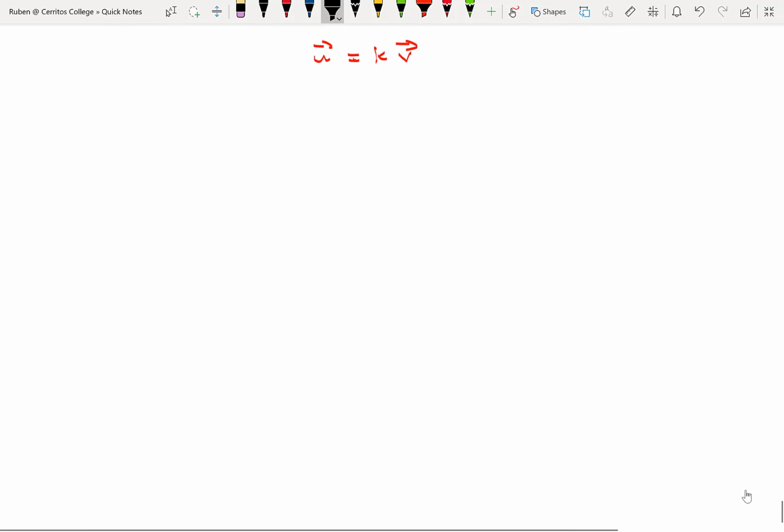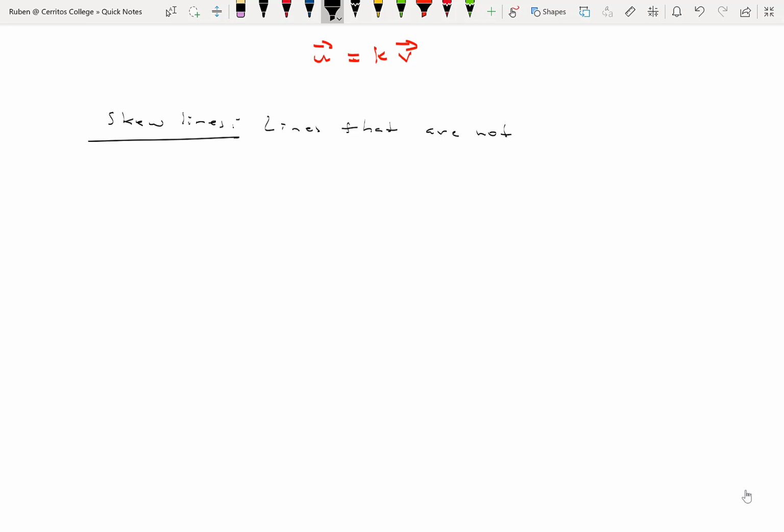So before we get to the actual example that I'm heading for, skew lines are lines that are not parallel and do not intersect.